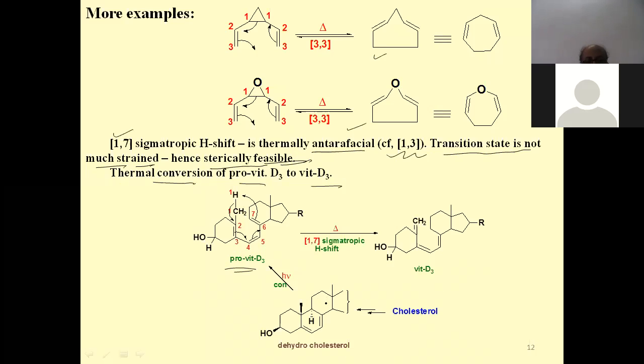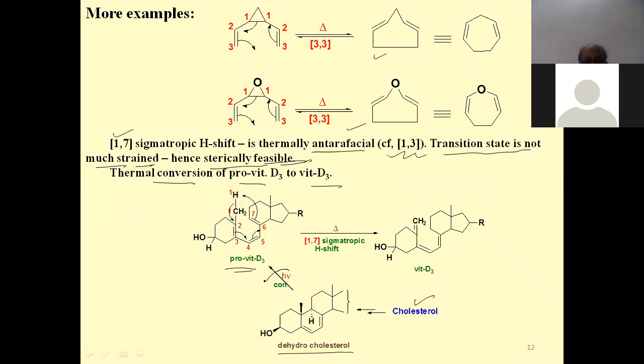How do you get provitamin D3? Our vitamin D is obtained from cholesterol in our system. Cholesterol is first converted to this molecule, dehydrocholesterol, from where this gets converted to this.